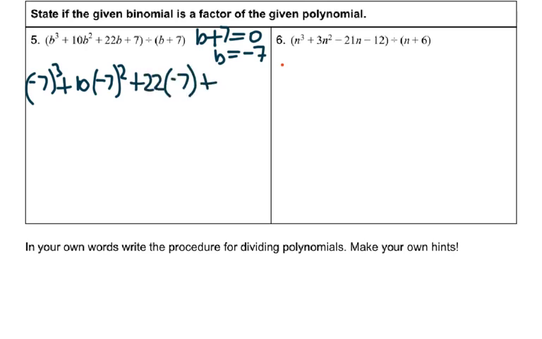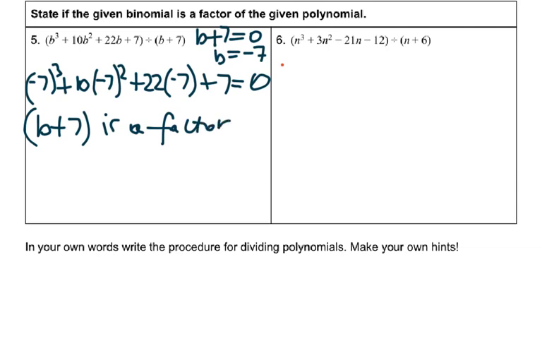And I'm going to use a graphing calculator or any calculator you have on hand to actually simplify it. And if you do, my answer is 0, which means b plus 7 is a factor because the remainder is 0.